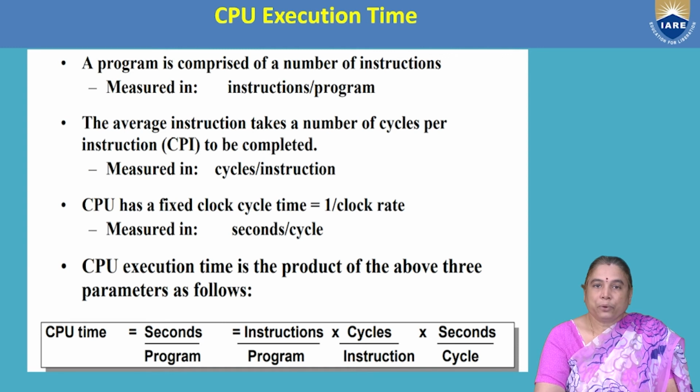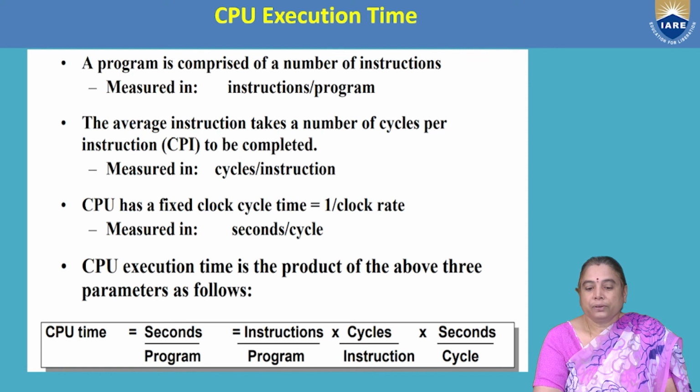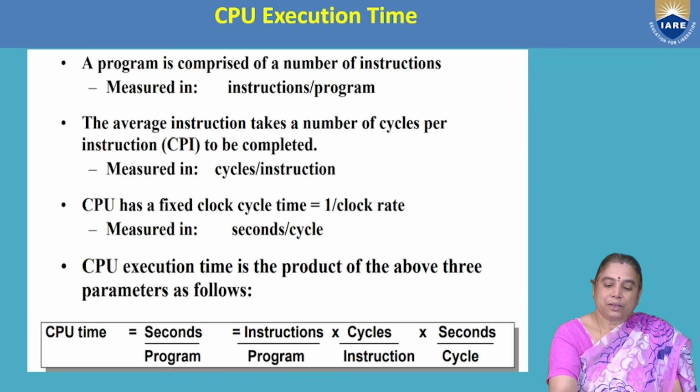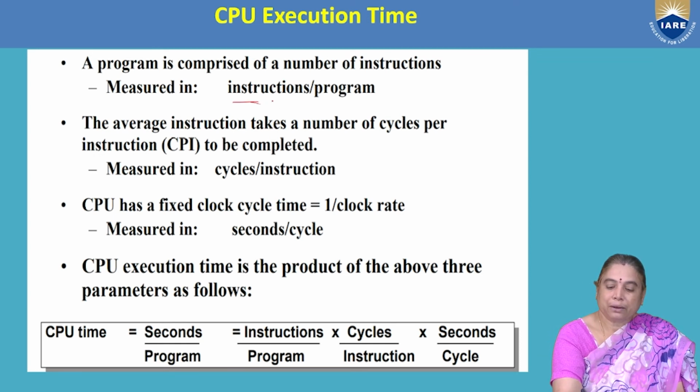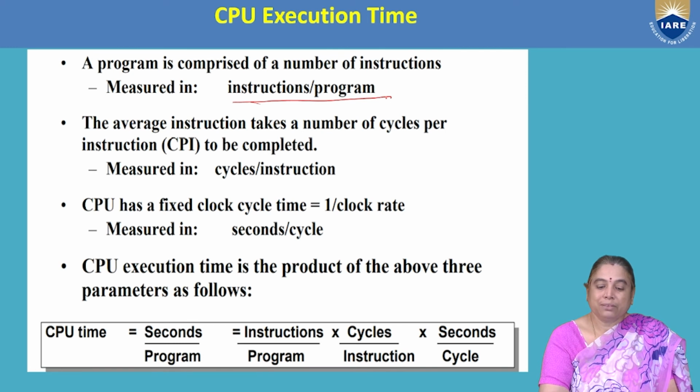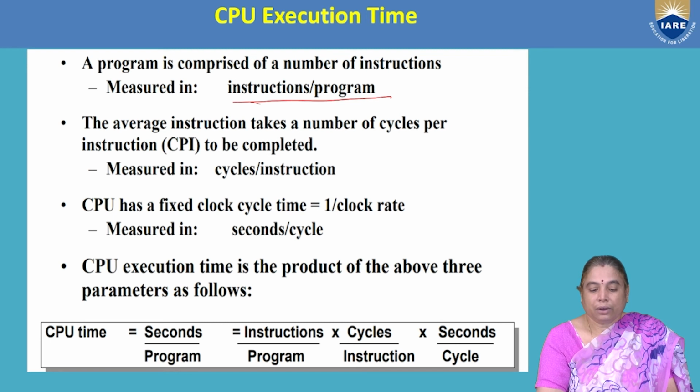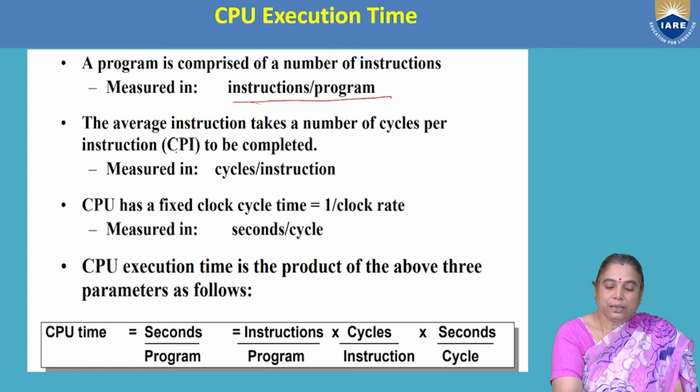A program can be considered as a collection of instructions, so the number of instructions is measured in instructions per program. The average number of cycles taken by each instruction is measured as CPI, cycles per instruction.